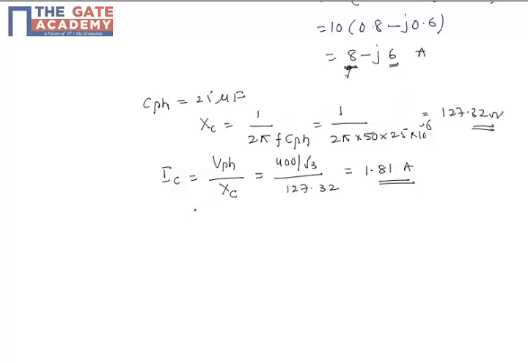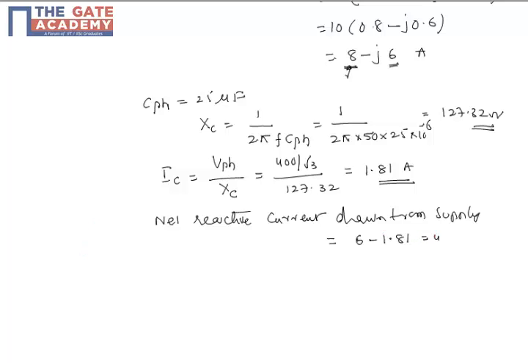That means the net reactive current drawn from supply is equal to, earlier it is drawing 6, now 1.81 is supplied from its terminal itself. So this is equal to 4.186 amperes. So now it was reduced from 6 amps to 4.186.